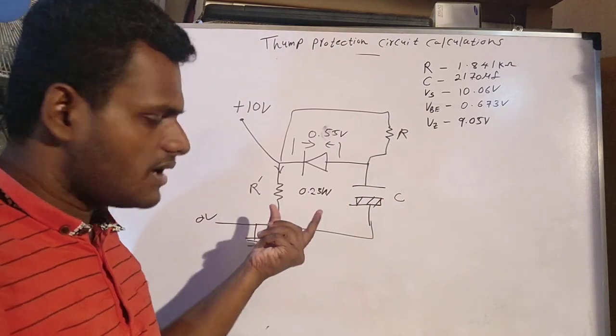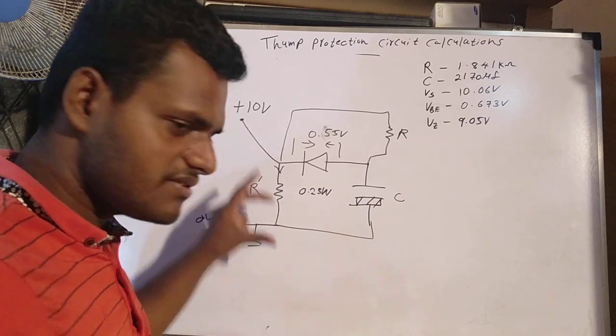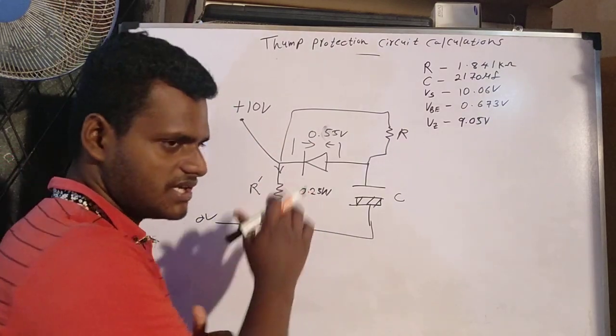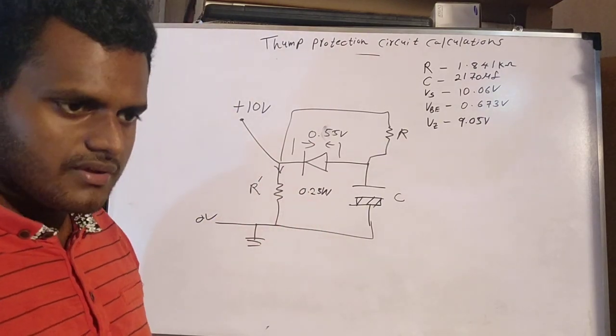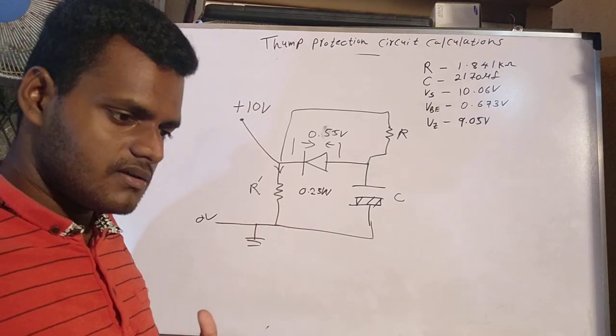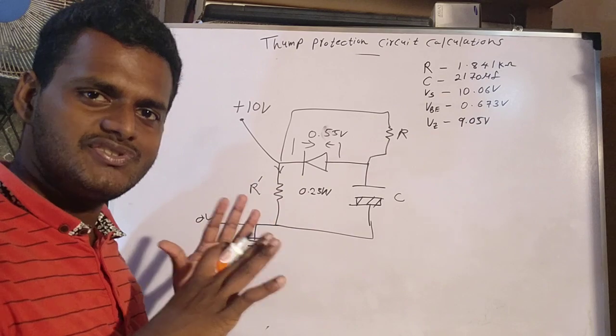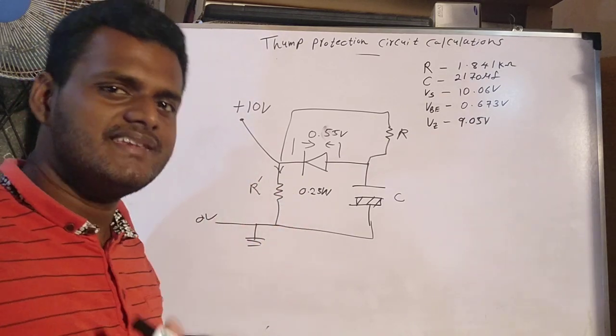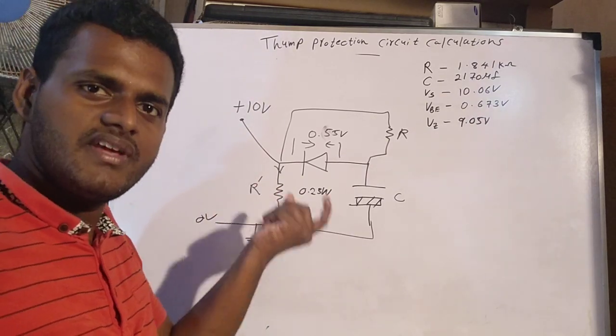So I do this calculation using this voltage value. If you want to use any other voltage, you can, no problem. I will tell you what the point is about that voltage value.